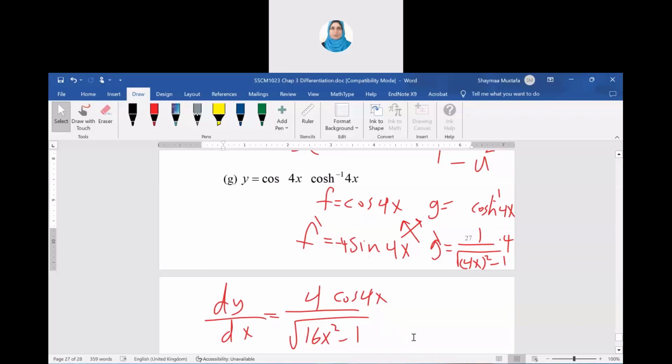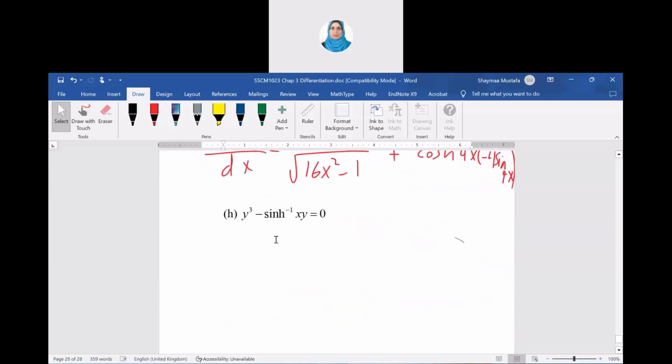So 4 cos 4x over the square root of 16x squared minus 1, plus cos inverse 4x times minus 4 sine 4x. So just apply the product rule.